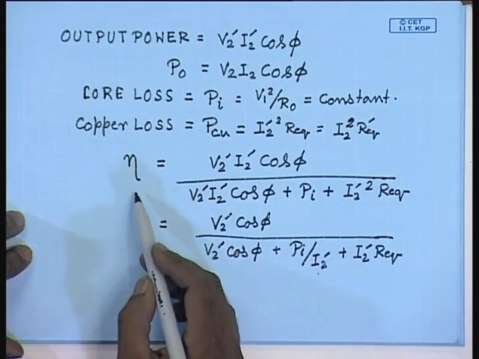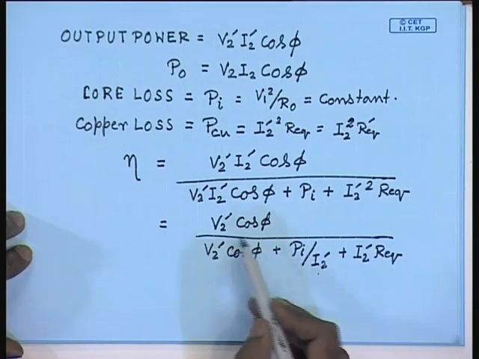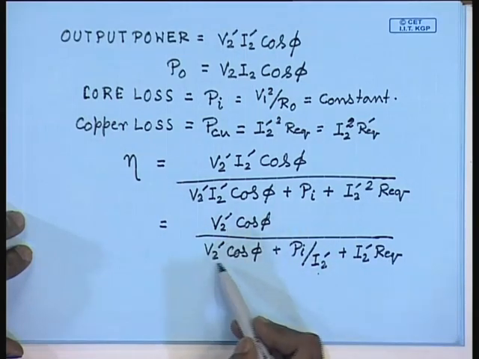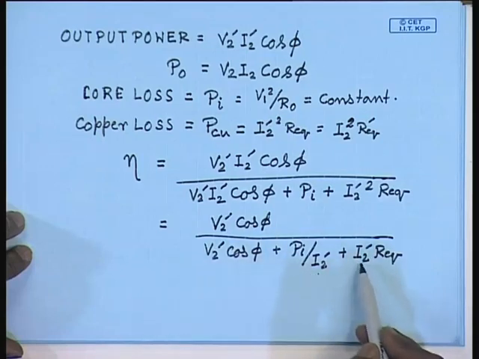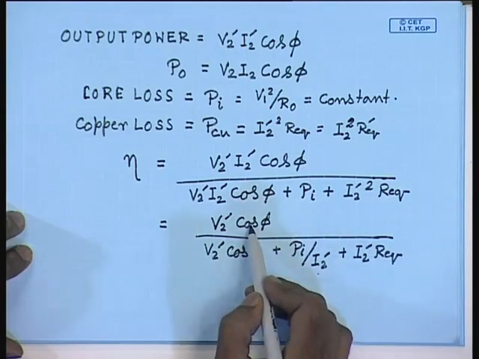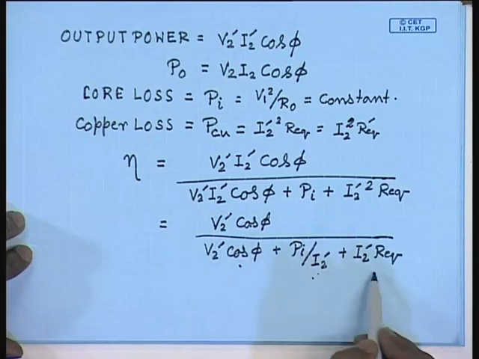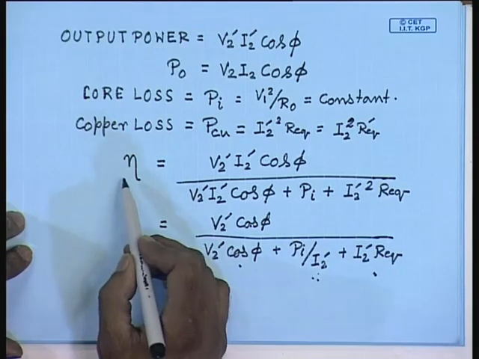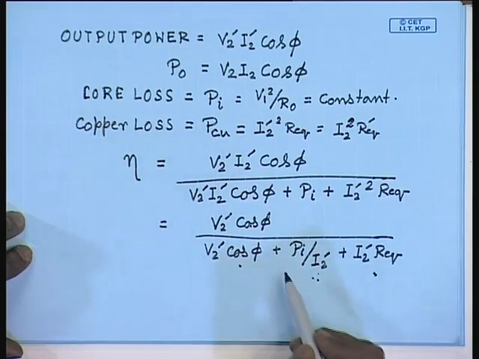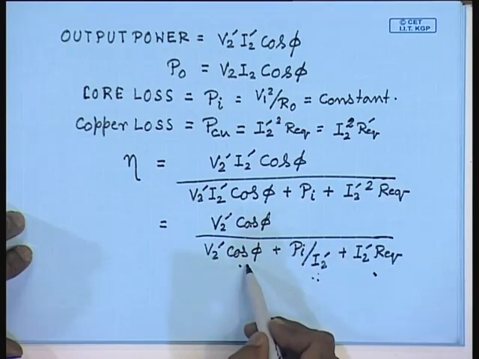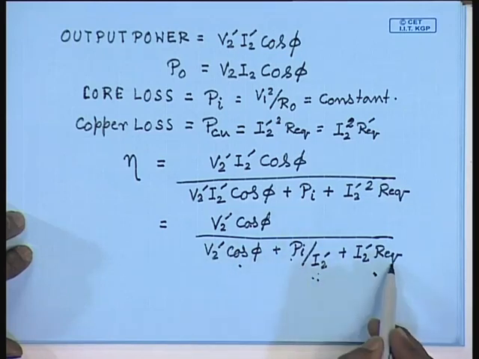Now, if we look at the expression of the efficiency, we see that it is V2 dash cos phi divided by V2 dash cos phi plus Pi by I2 dash plus I2 dash Req, of which the numerator is constant, the first term of the denominator is constant, only these two terms are functions of I2 dash. For nu to be maximum, the denominator should be minimum. Now, of the denominator the first term is constant, so the sum of the second and third term should be minimum.